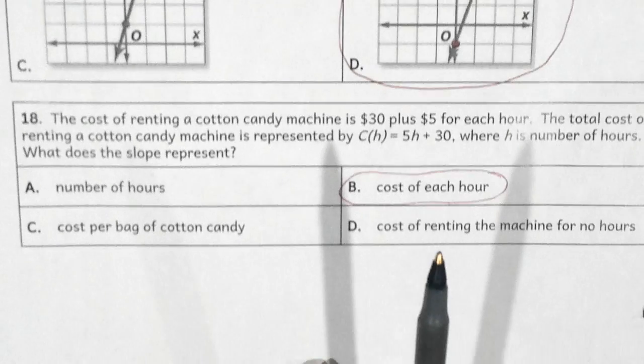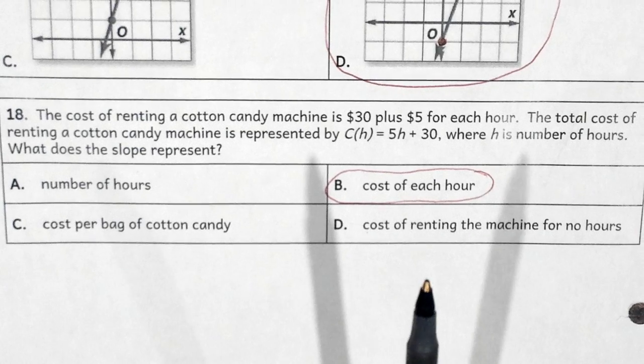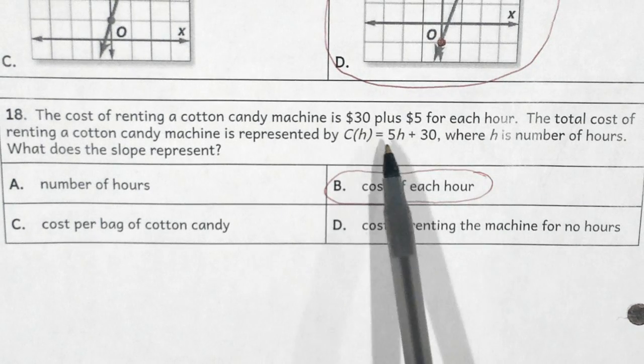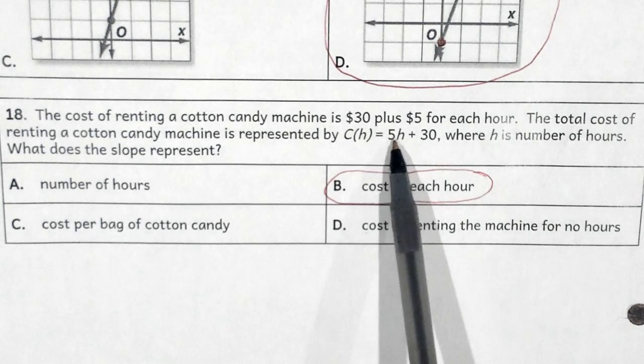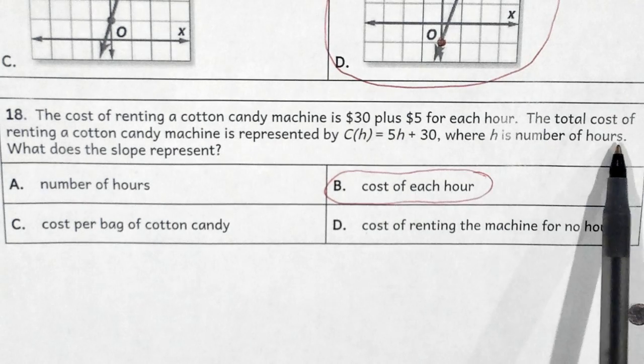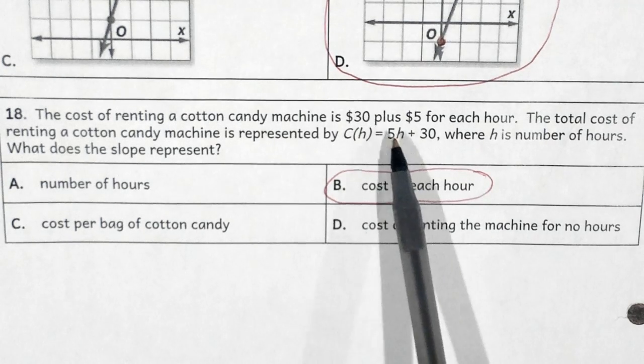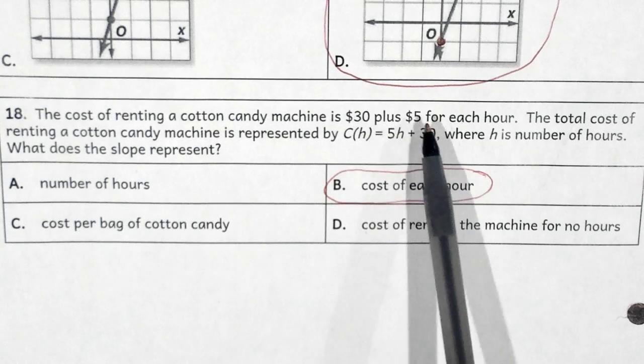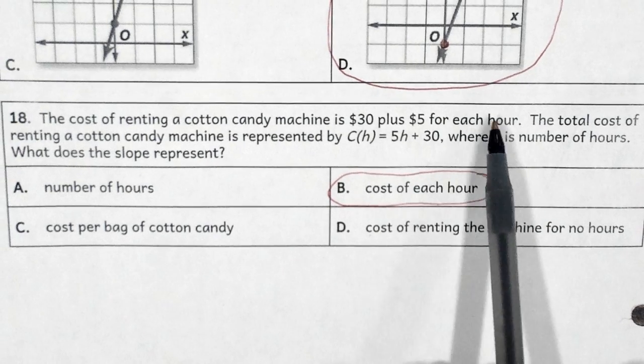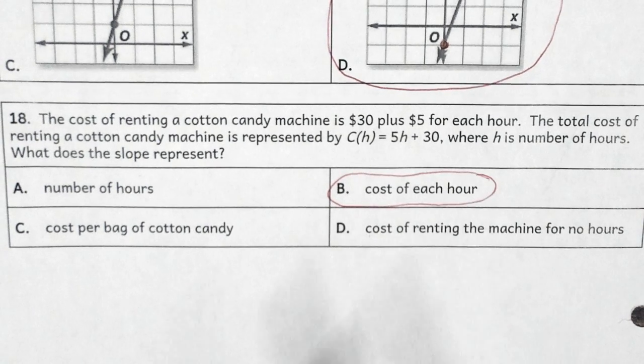The last one, number 18, in this story problem, it was asking for where h is the number of hours, what does the slope represent? So 5 here, and it tells us right here $5 for each hour, so it was the cost per hour.